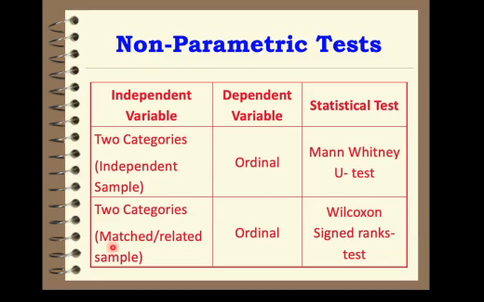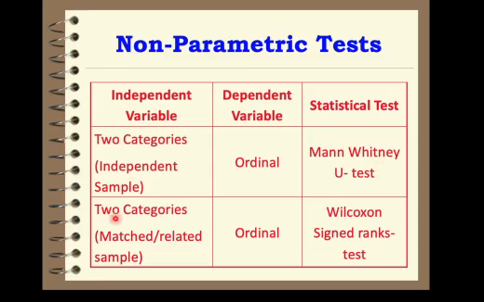And just to review, if the dependent variable is ratio, the statistical test will be an independent t-test. So you will note that Mann-Whitney U test is the counterpart of an independent t-test in a parametric test.